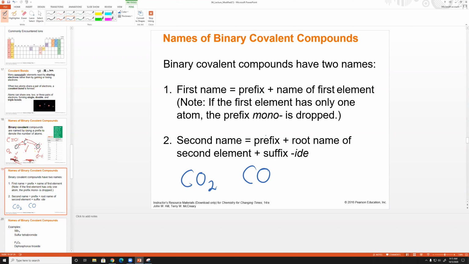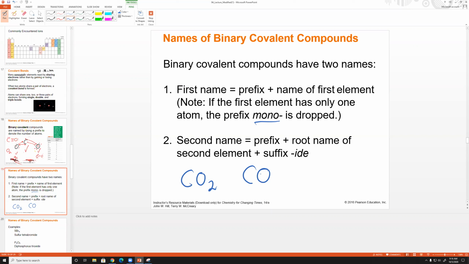So what we're going to do first is the prefix and then the name of the first element. But if the first element only has one atom, you do not use the mono prefix. That's only for the first one. Why is that rule a thing? I'm not sure, but it's the rule. So we're not saying monocarbon dioxide, it's just carbon dioxide.